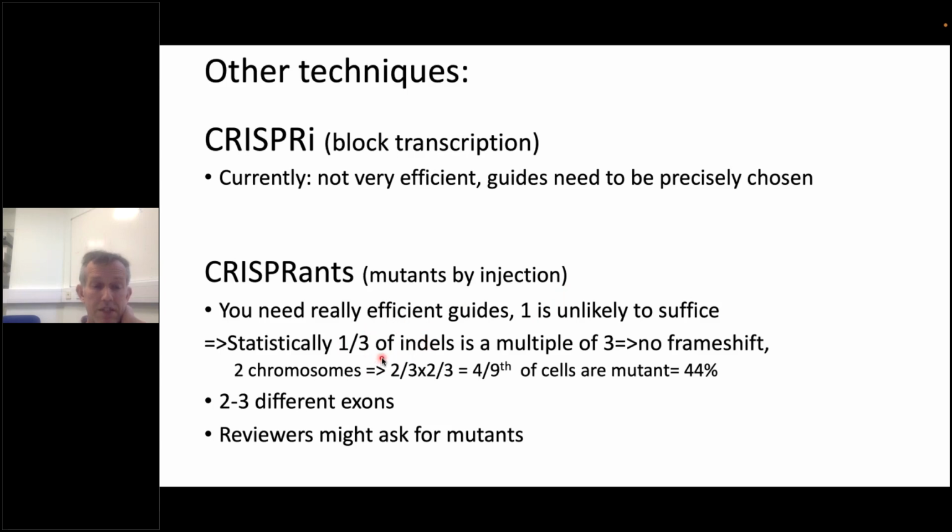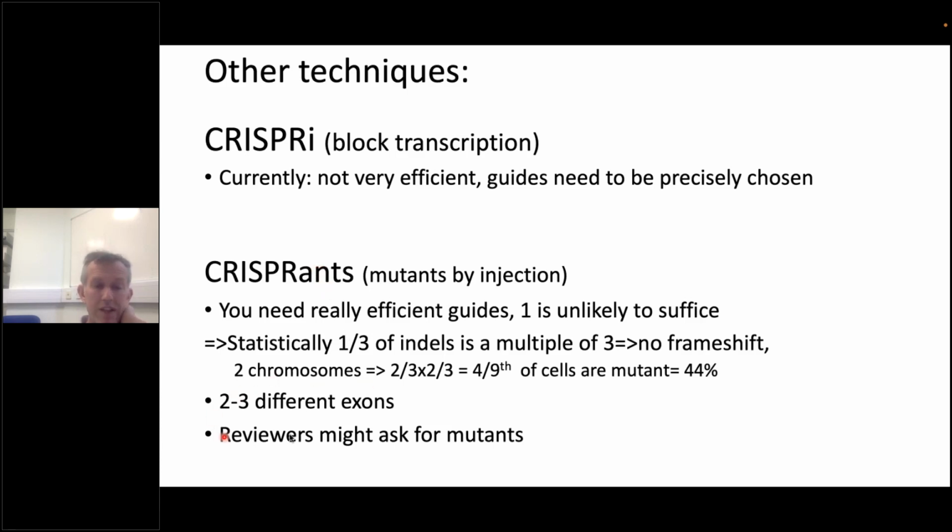It's best, if you want to use this technology, to select 2 to 3 different exons, design a CRISPR against every different exon, and inject them together to create the crispants, where you knock out the gene directly in the embryos that you are injecting.